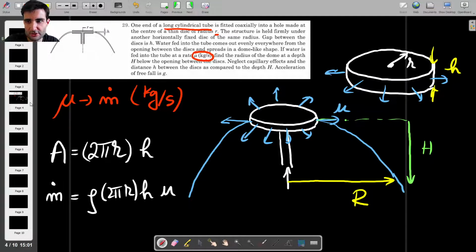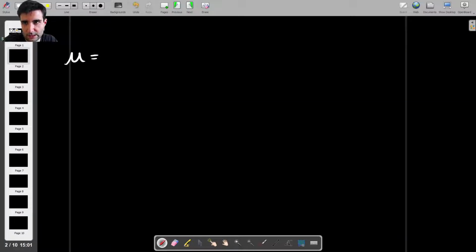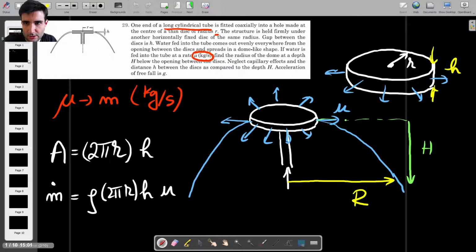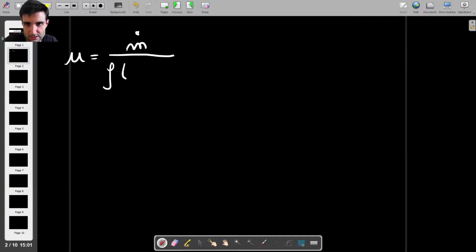So if we rearrange this, we should find that u is equal to m dot over rho times 2 pi r and then h, like that. Okay, so that's the expression for u.